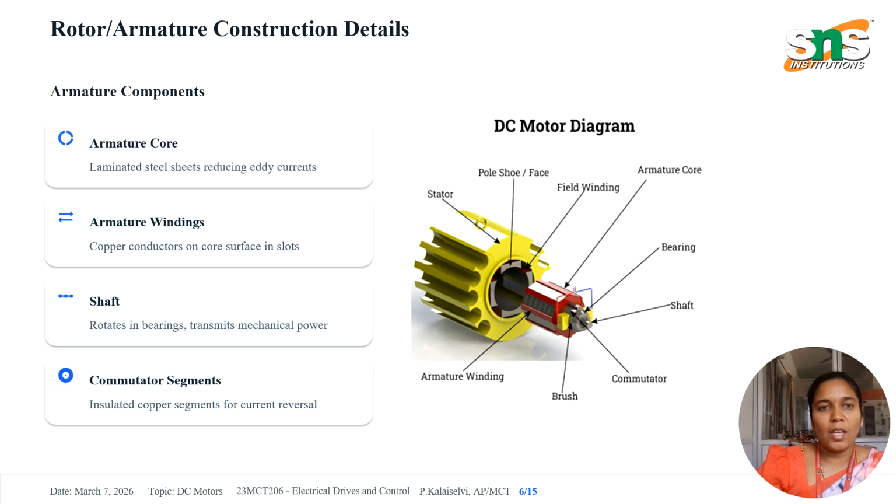The armature windings are copper conductors placed in slots of the armature core. These carry current and interact with magnetic fields to produce torque. The shaft transfers mechanical power to the load. The commutator segments are copper segments insulated from each other, and they help reverse current direction during rotation.